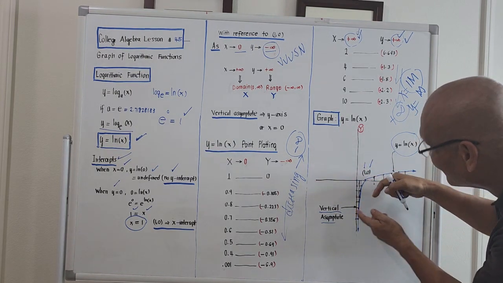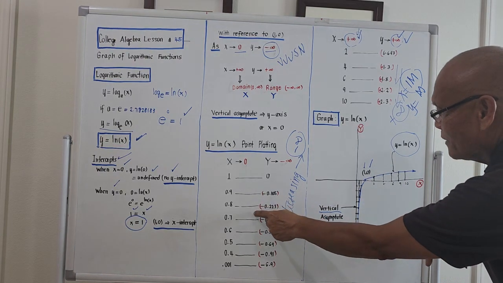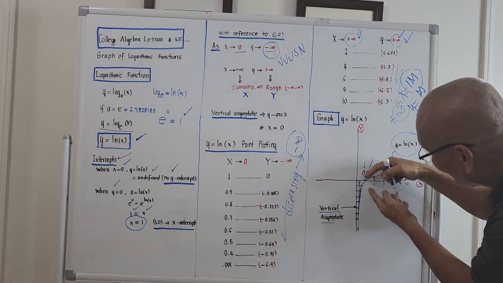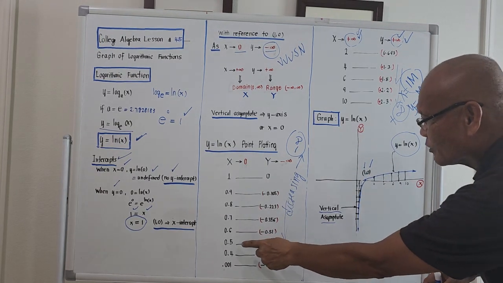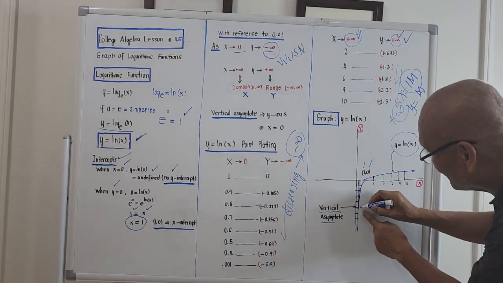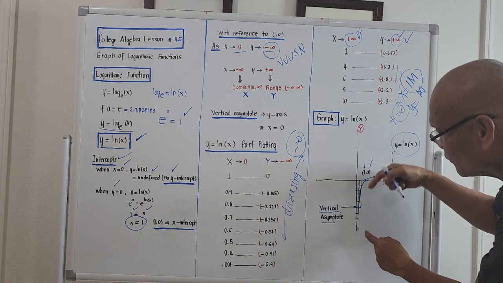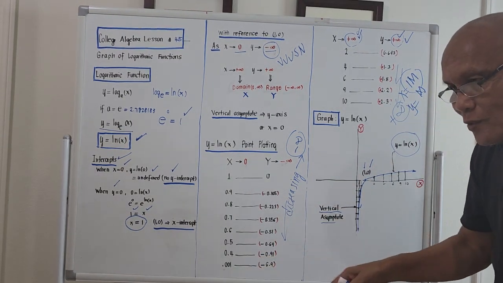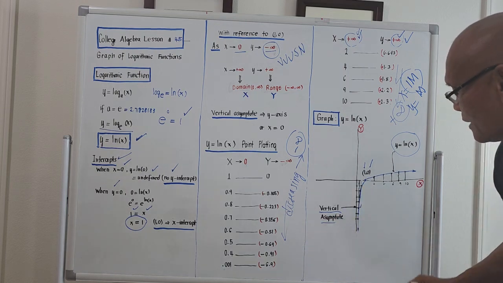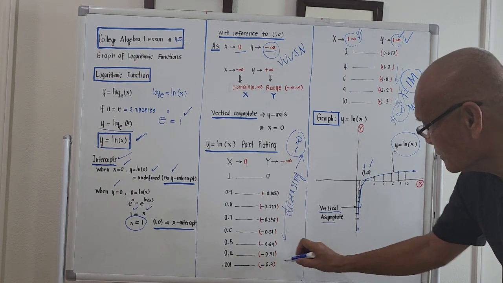It is below. When x is equal to 0.8, this is the value. Right? When x is equal to 0.5, this is the value. Right? It's getting smaller. When x is equal to 0.001, 0.001 is already very near 0. And the value is negative 6.9.